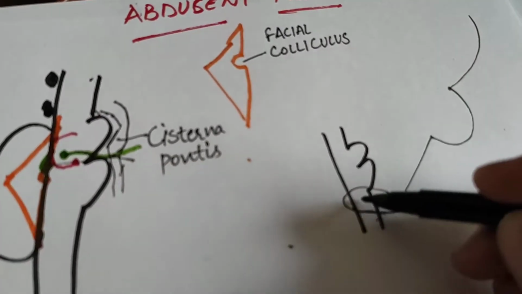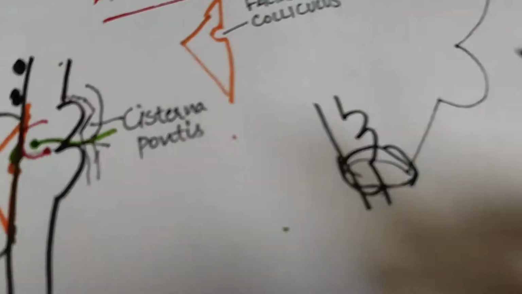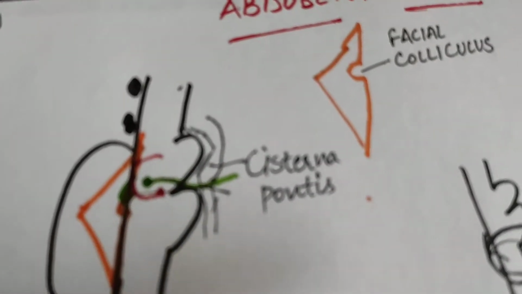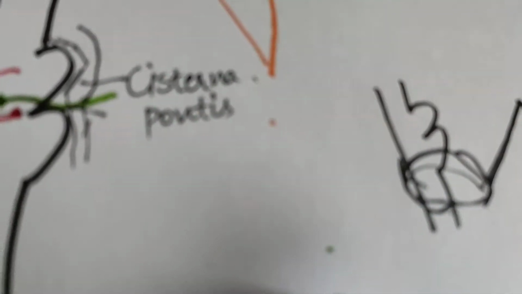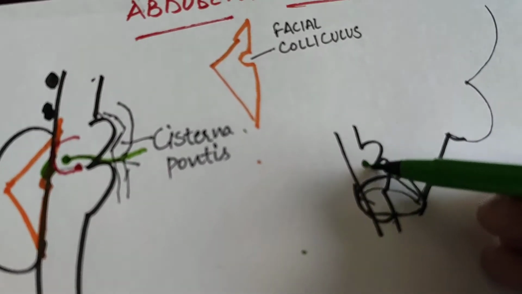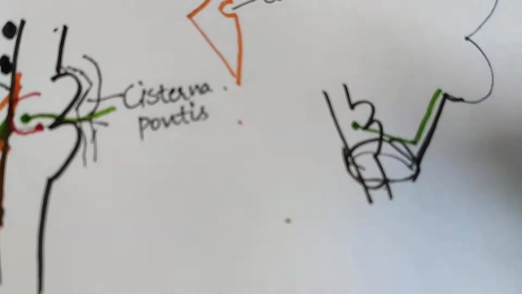Suppose this is the foramen magnum, and this is the clivus. The sixth cranial nerve moves from this pontine area to here and then along the clivus.